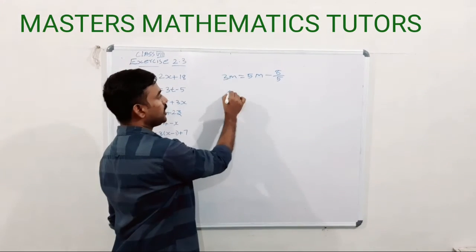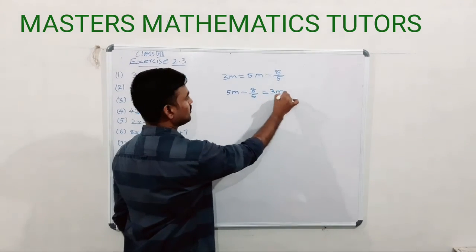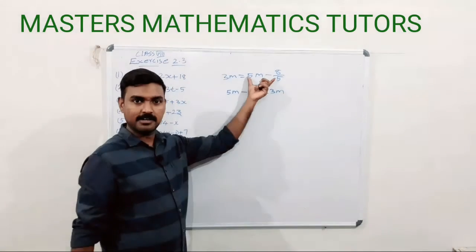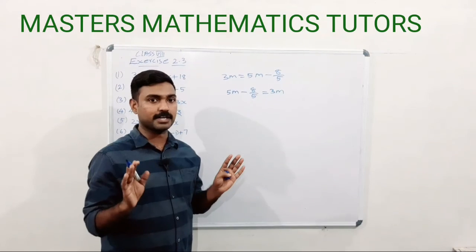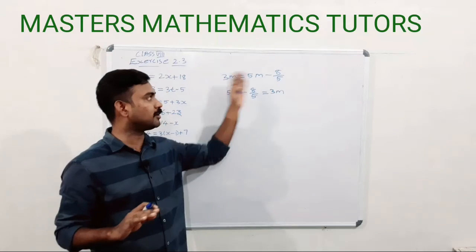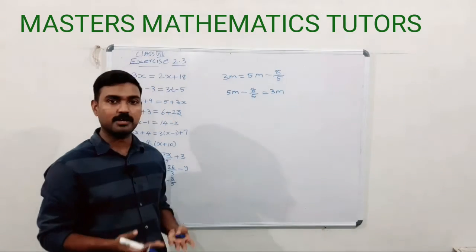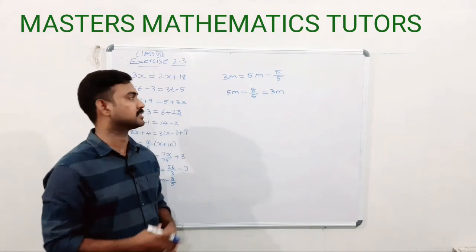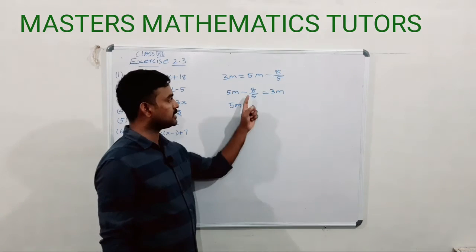So this 5m minus 8 by 5 is equal to 3m. What did I do? Right side written on the left and left side written on the right side. Here it is not a transposition. We know that if this is equal to this, then this will be equal to this. So right can be written on the left or left can be written on the right. Doesn't matter. So 5m minus 8 by 5 is there.